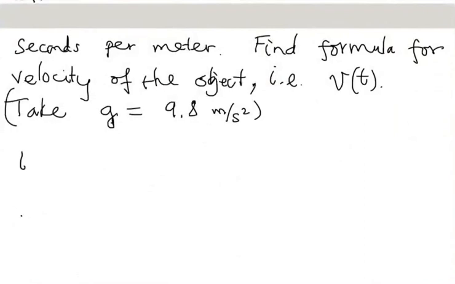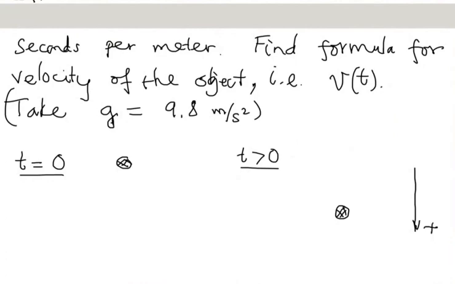Like last time, at time t equals 0, say the object is on top of the building like that. And at positive time t, it's somewhere down here. As before, we're going to choose the positive direction to be downward, so everything going downward will be positive.